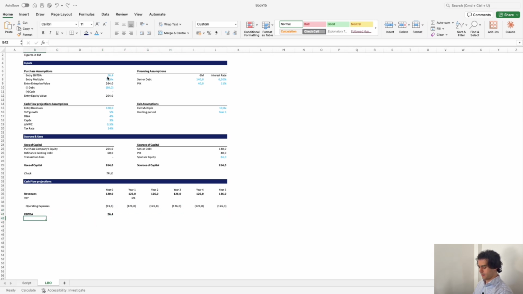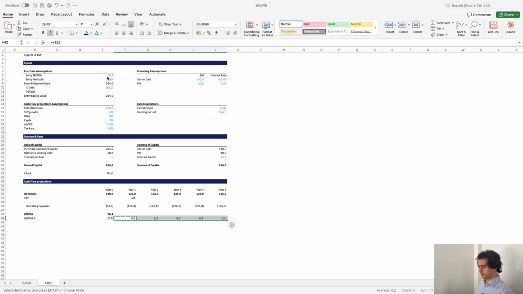So EBITDA margin is calculated dividing EBITDA by revenues. So it's 22%. We assume that, as the script says, that it will be kept the same.